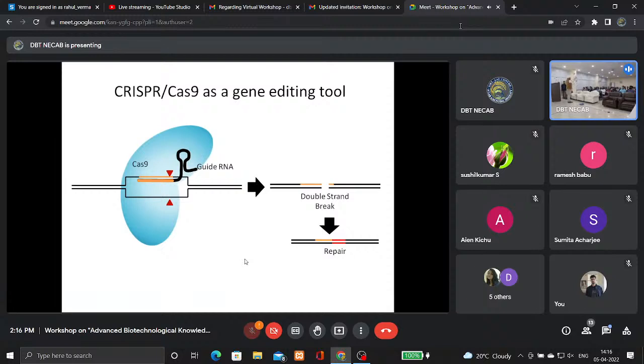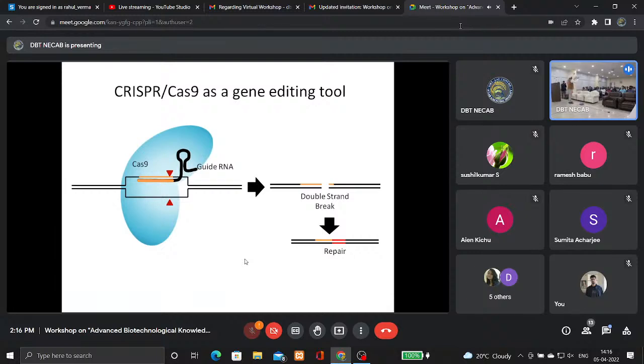When there is an insertion of one or two nucleotides, what will happen? The triplet codon, which codes for a particular amino acid, will shift. So instead of the initial lysine, it may now be encoded by arginine, phenylalanine, serine or any other amino acid. Ultimately, when there is a change in the amino acid sequence, the structure of the protein will also change, and so will its biological function.